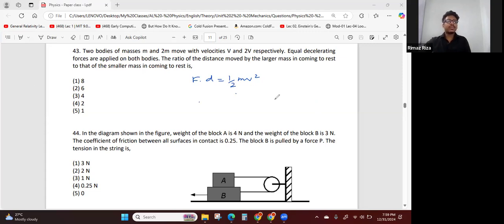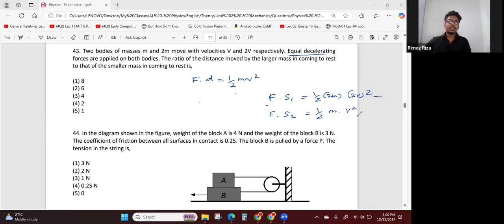So first I can consider the larger mass. F times the displacement d1 is equal to half into 2m into the velocity, which is 2v, squared. And I can write the same for the smaller mass. The forces are equal, so F into S2 is equal to half into the mass m into v squared.